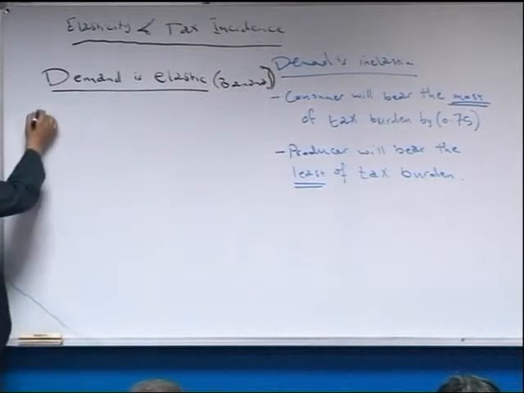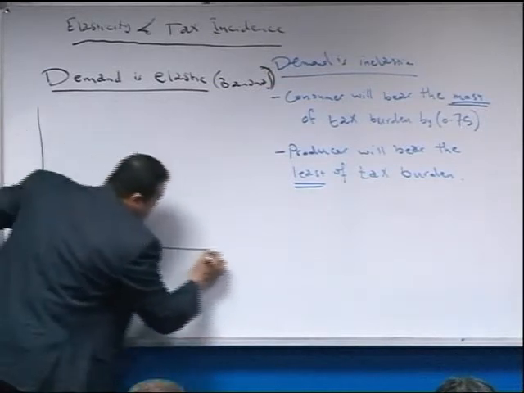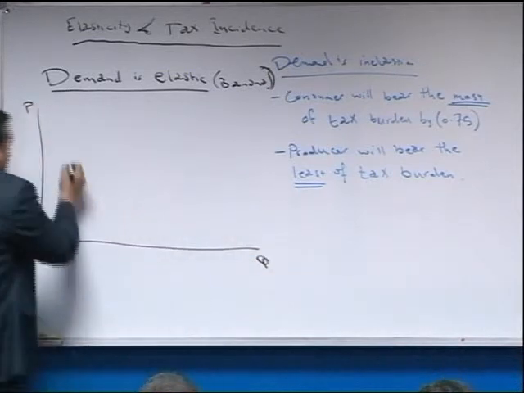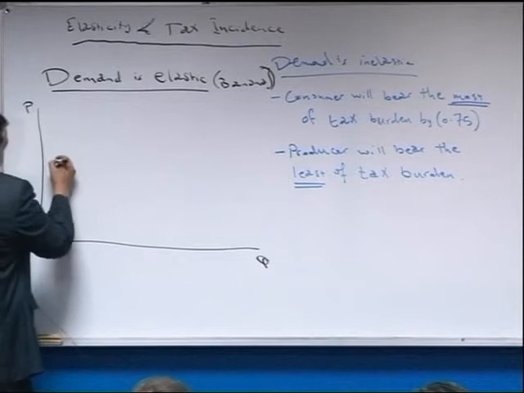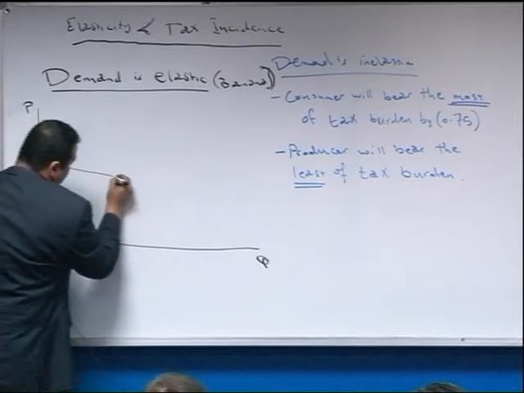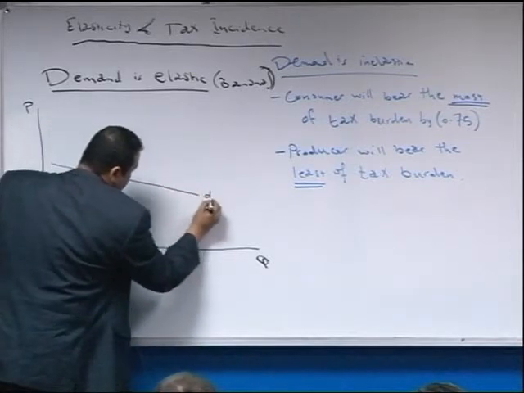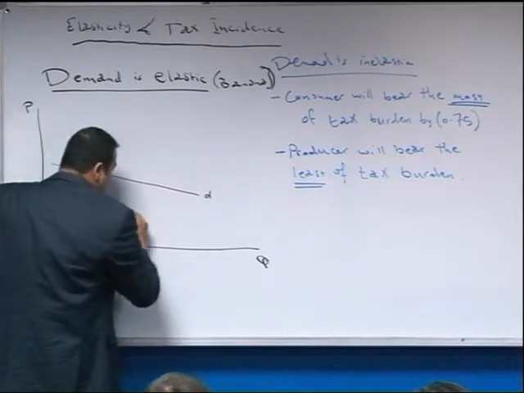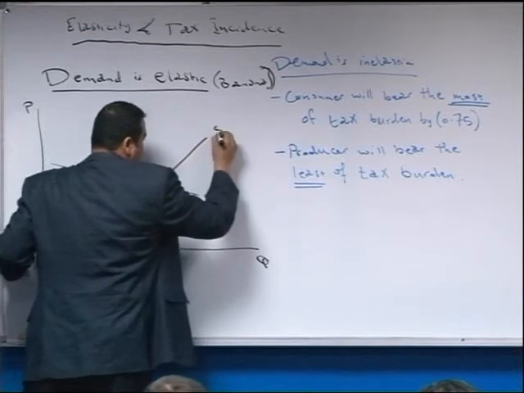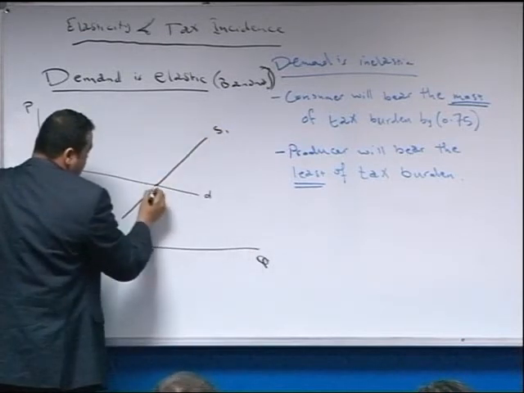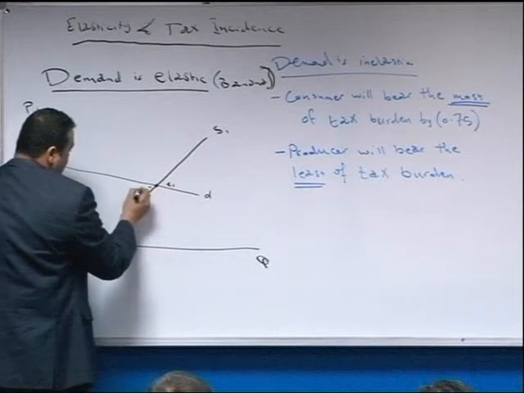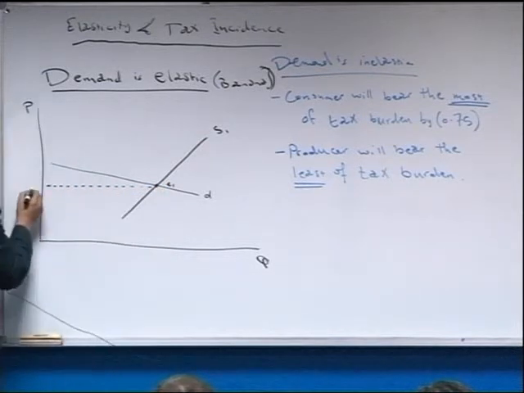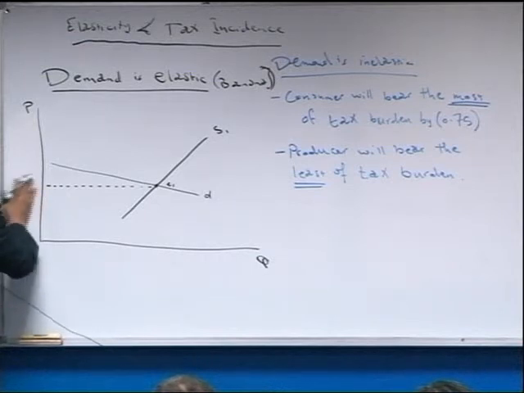So suppose that this is the price and quantity diagram and the demand is elastic. It's close to a horizontal line, D. This is the original supply curve, S1. And this is E1, the original equilibrium point, P1. So suppose it was 3.